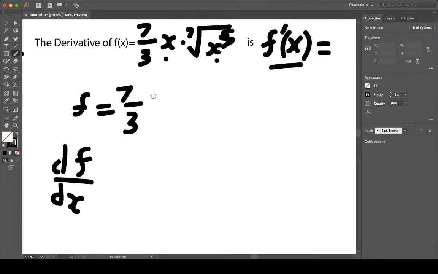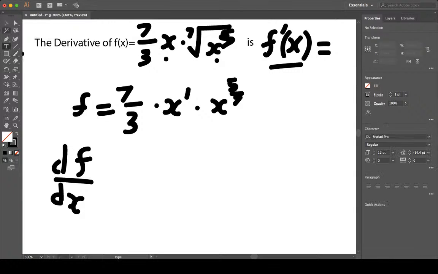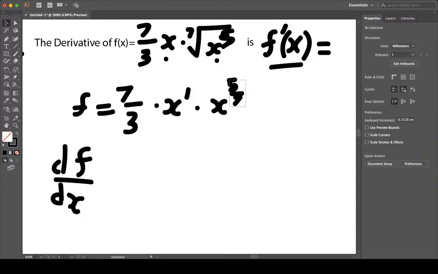It's 7 over 3, multiplied by x to the power of 1, because x to the power of nothing here is basically x to the power of 1. Multiplied by x to the power of 5 over 7. I know this is not that clear.